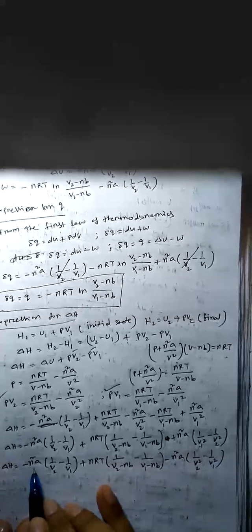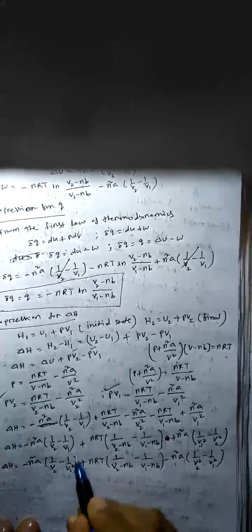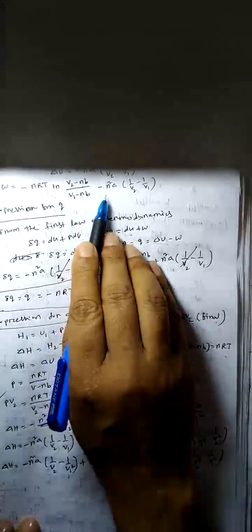Here n square a times 1 by V2 square minus V1 square.